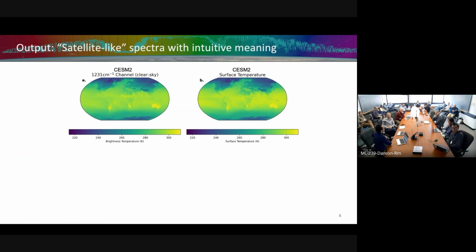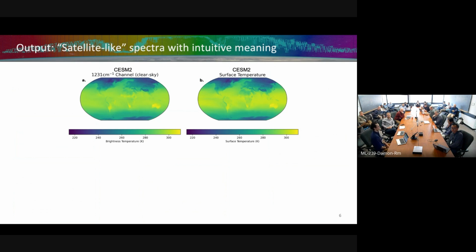This is just an example of what output looks like here. On the left, we have a brightness temperature, which is just a radiation field moved into a temperature space, and it's for a channel that is basically in the window region. It's the most transparent channel on the AIRS instrument. And on the right, we have CSM2 surface temperature.